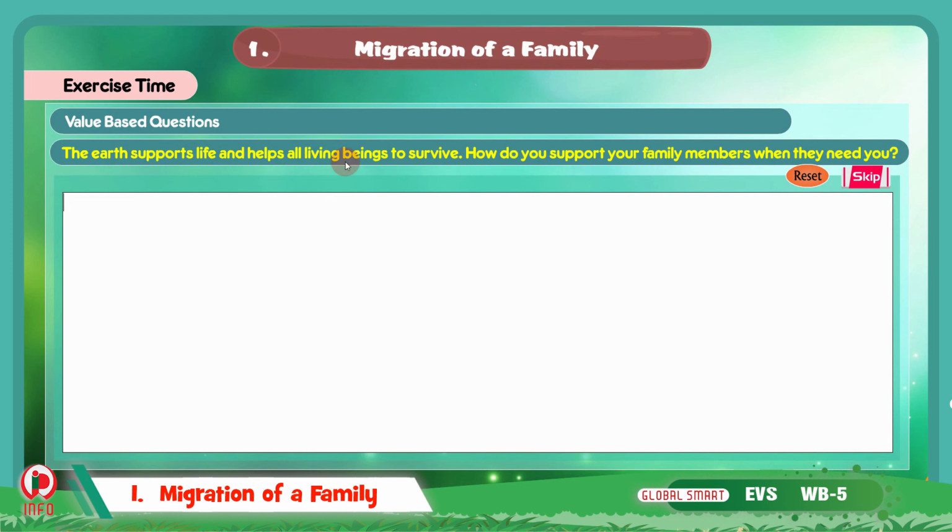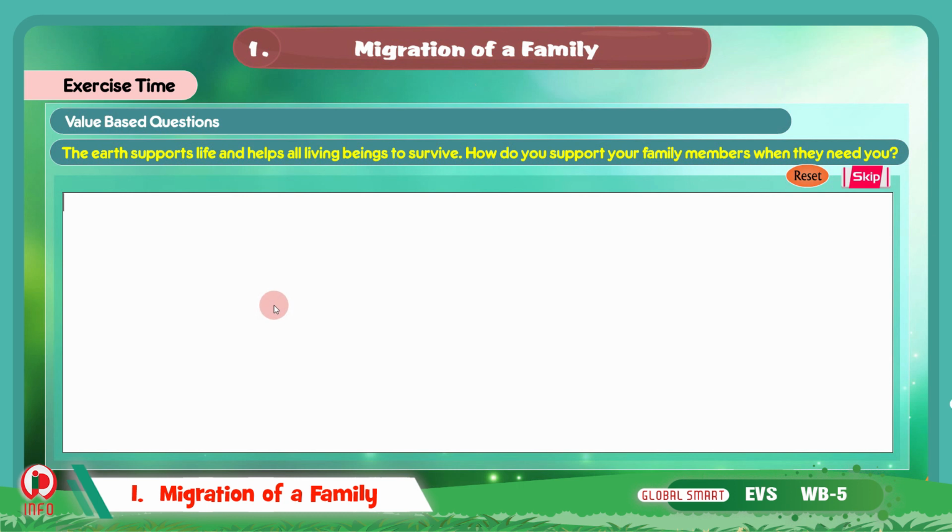How does the earth support living beings? It provides us trees. It provides us land to live. It provides us a good atmosphere to survive. We are able to survive because earth has all the major things which a human being needs to live.